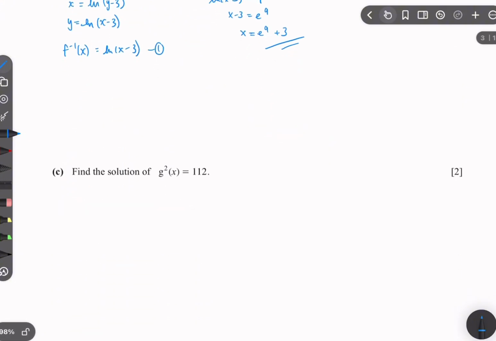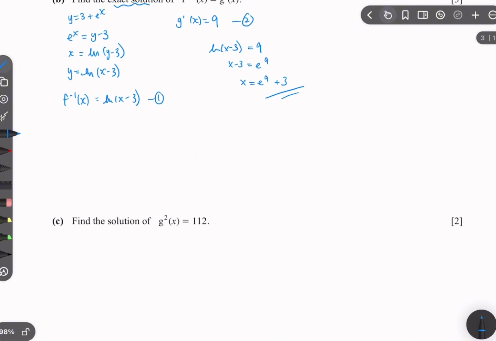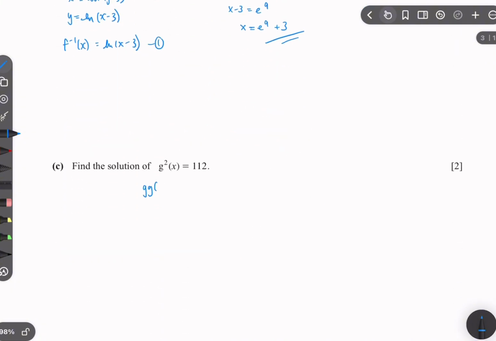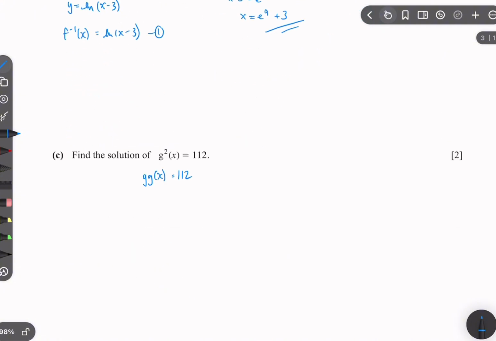Part C. Find the solution of g squared x equal to 112. Okay, so g squared x is equal to g(g(x)). And because g(x) is equal to 9x minus 5, you just sub 9x minus 5 into 9x minus 5 again.